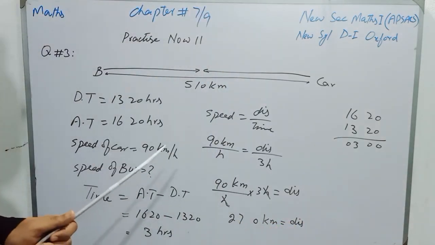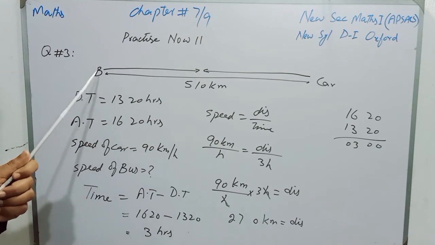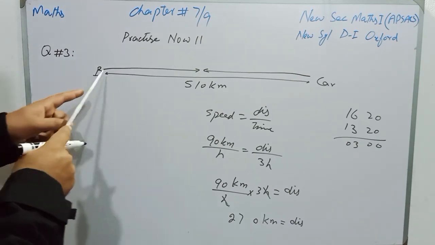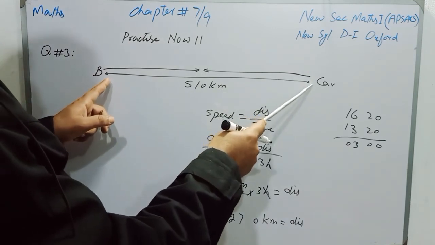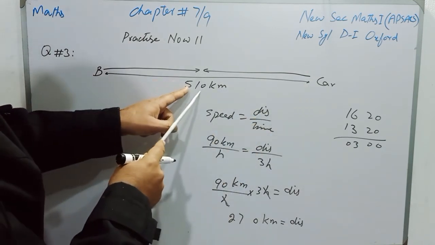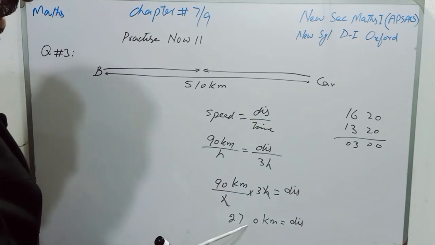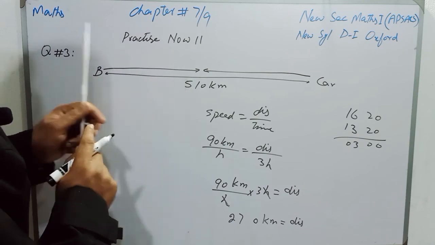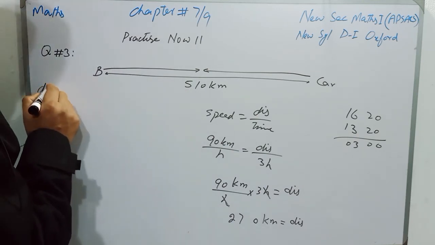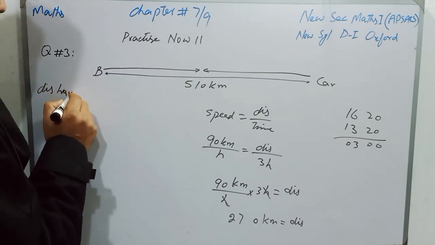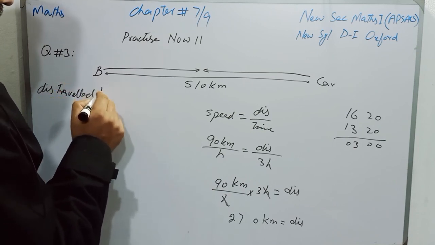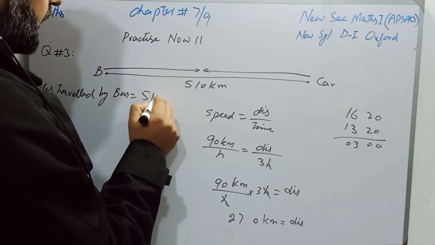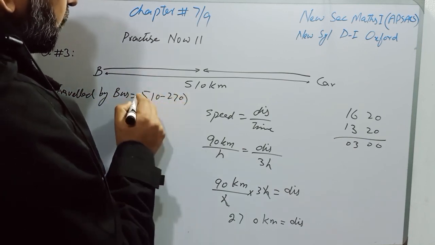Now students, we will find the distance that is traveled by the bus. Students, look at this line. The distance between car and bus is 510 kilometer and distance traveled by car is 270 kilometer, and the rest of the distance is traveled by the bus. So I will write distance traveled by bus is 510 minus 270 kilometer.